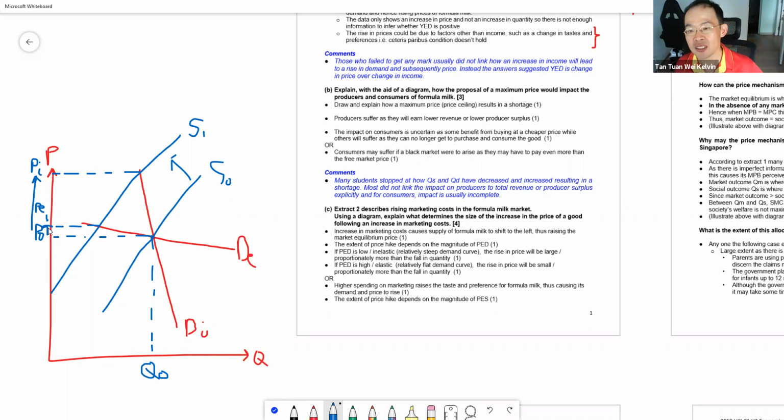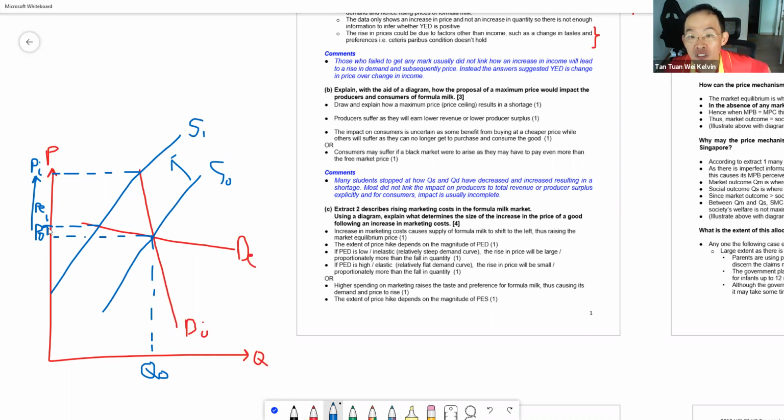Okay, so the question asks you what determines the size. So what this graph clearly shows is that if the demand for formula milk is price inelastic, when there's an increase in the cost of production, the marketing cost, the price increase is from P naught to Pi.